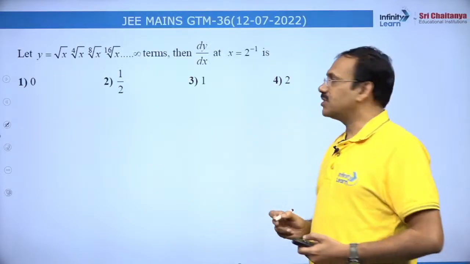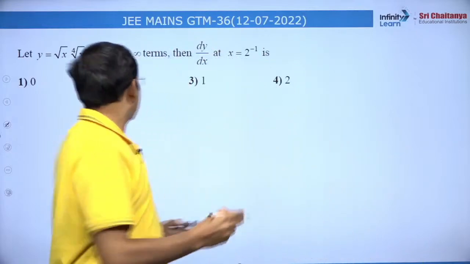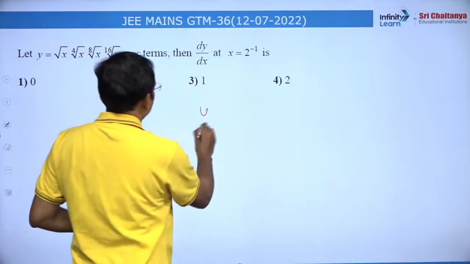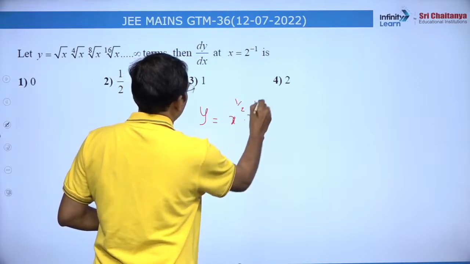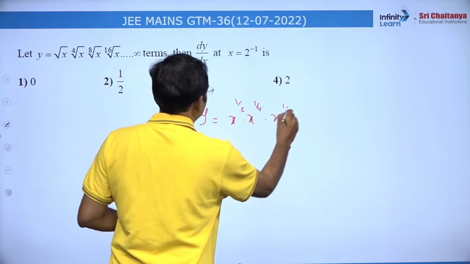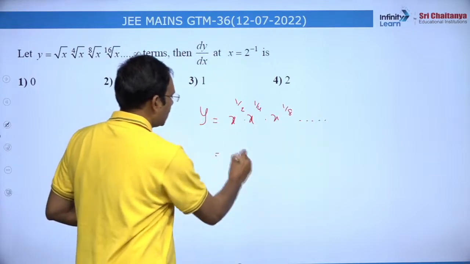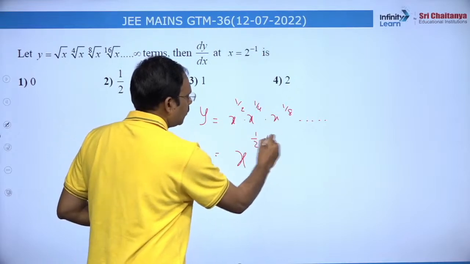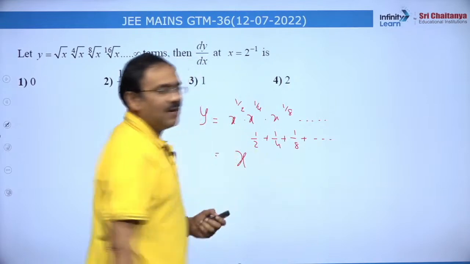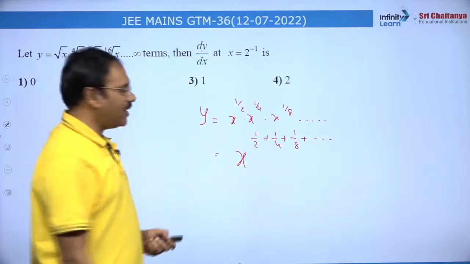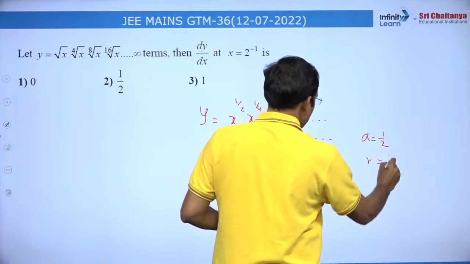You see, first question dear friends, this is very simple. Y is given as x power 1 by 2 into x power 1 by 4 into x power 1 by 8 and so on, which you can write as x power 1 by 2 plus 1 by 4 plus 1 by 8 plus and so on, an infinite GP with first term 1 by 2 and common ratio 1 by 2.